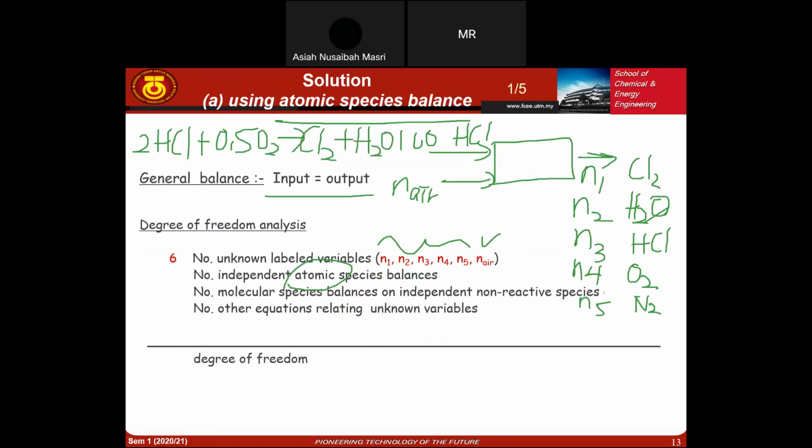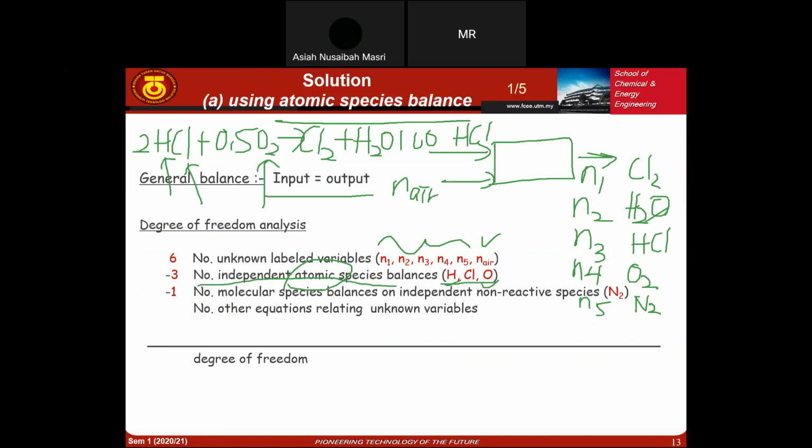So we are referring to atoms. How many atoms do we have here? We have H, we have Cl, we have oxygen. So here we have nitrogen, right? So the number of independent atomic species balances is HCl and O, because nitrogen is inert.